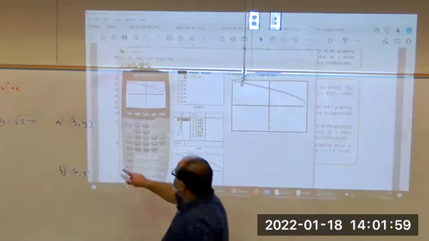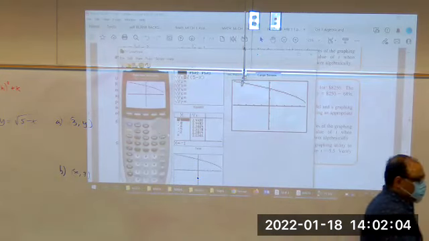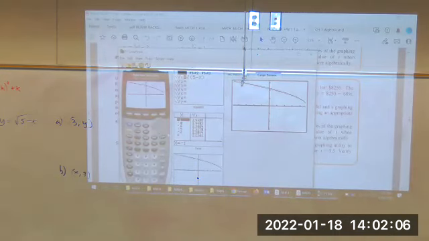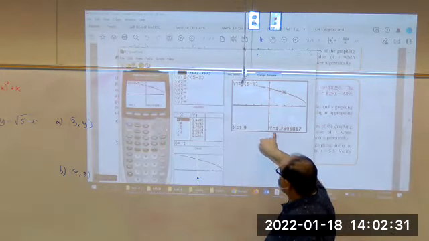So when they're talking about the zoom, the trace is right here, right above the option arrows. If you click on trace, you get that little cursor up there, and you move it left and right. How do you know when x equals 3? Well, it's telling you exactly where you are as an ordered pair right here.